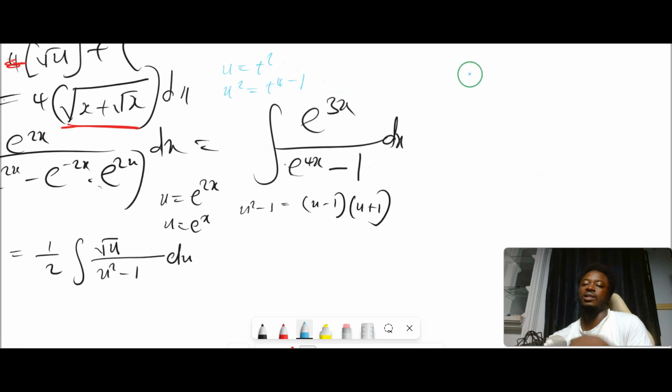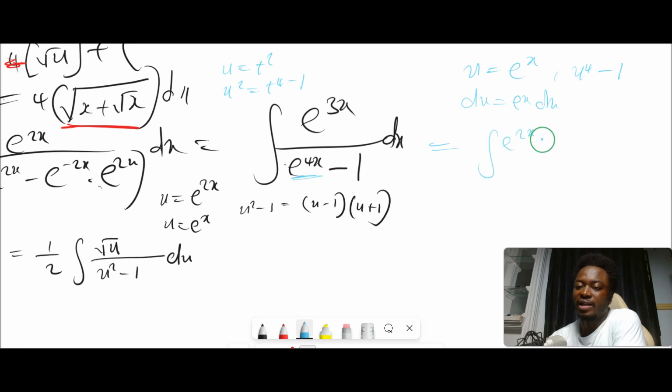Let's just say we take u to be e to the x. Then notice that over here you would get u to the 4th power minus 1, and du would be e to the x dx. But then you would also have e to the 2x times e to the x dx at the top, and at the bottom you have e to the x to the 4th power minus 1.